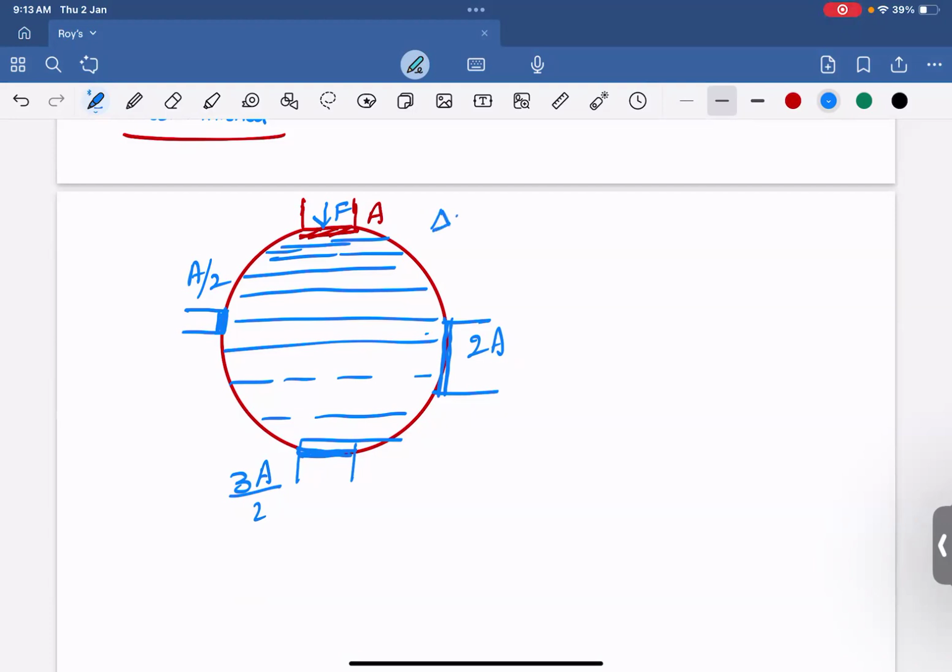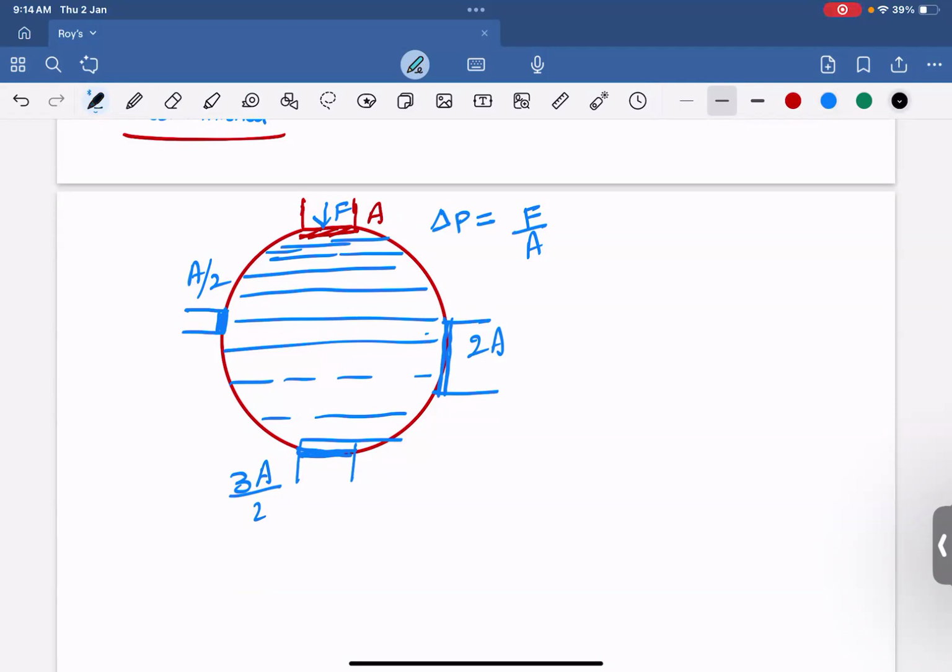So we are changing the pressure, delta P is equal to F by A. Why am I saying change in pressure? Because the atmospheric pressure is already there. So if you apply some force, you add some more pressure. That pressure we call change in pressure.